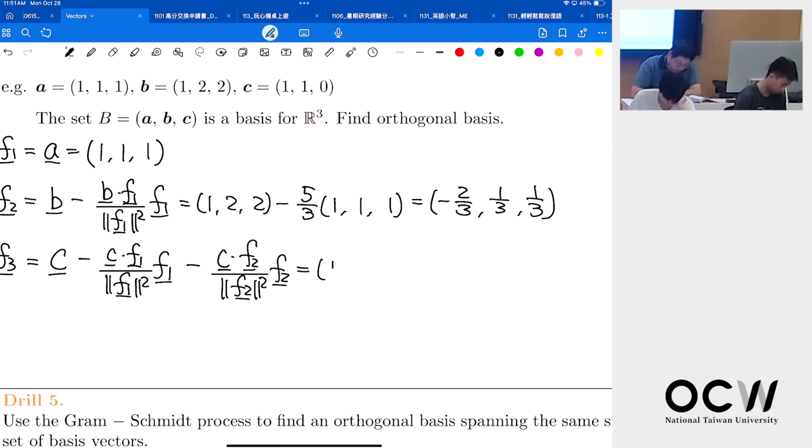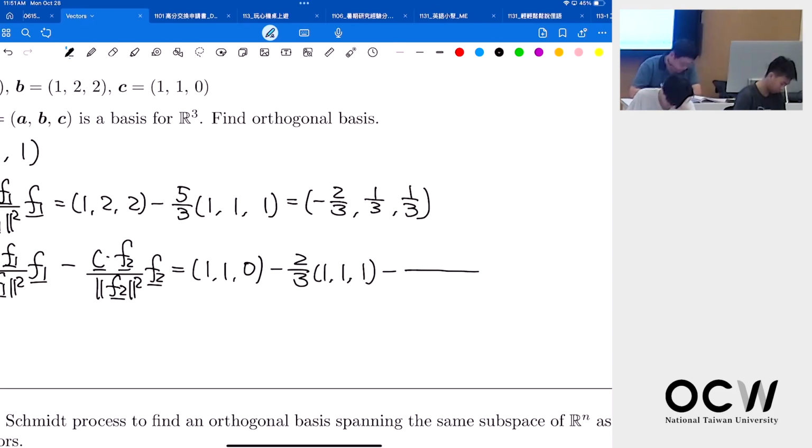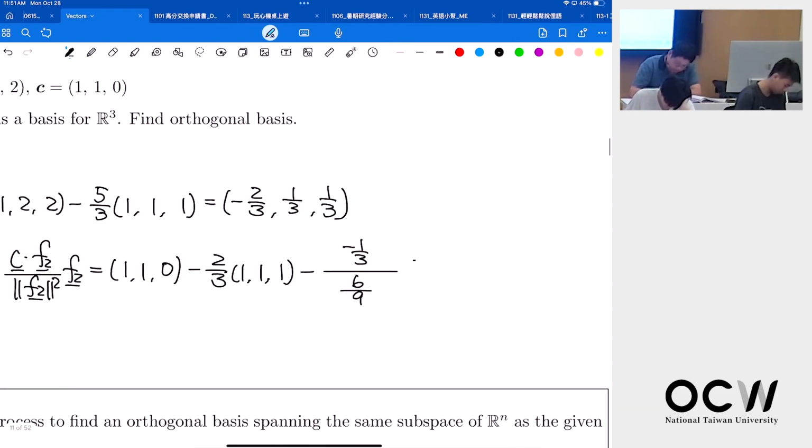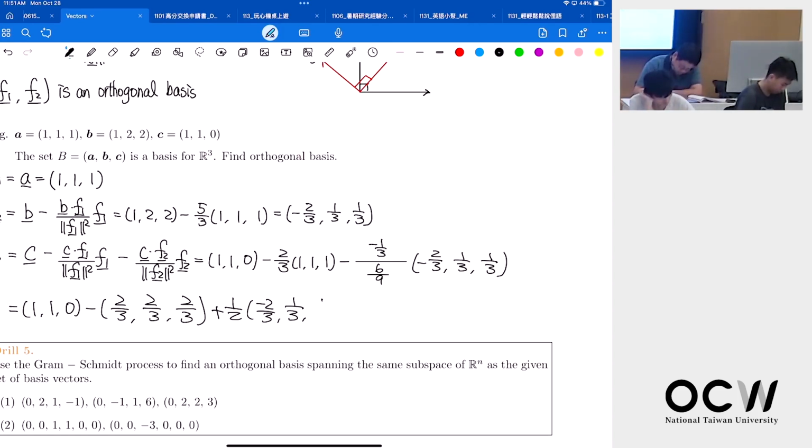So you get (1, 1, 0) minus 2/3 of (1, 1, 1), and minus 1/3, and here's 6/9 times (-2/3, 1/3, 1/3). So your answer will be (0, 1/2, -1/2).